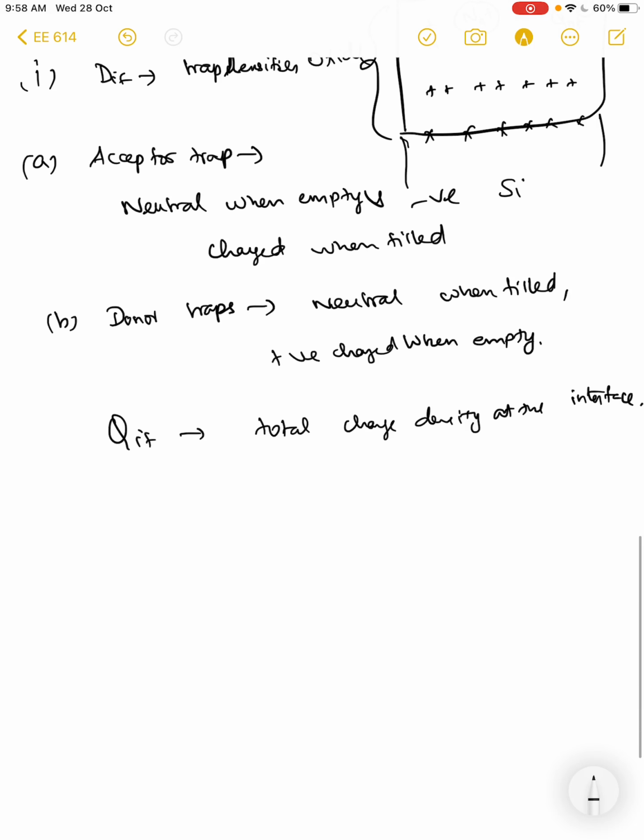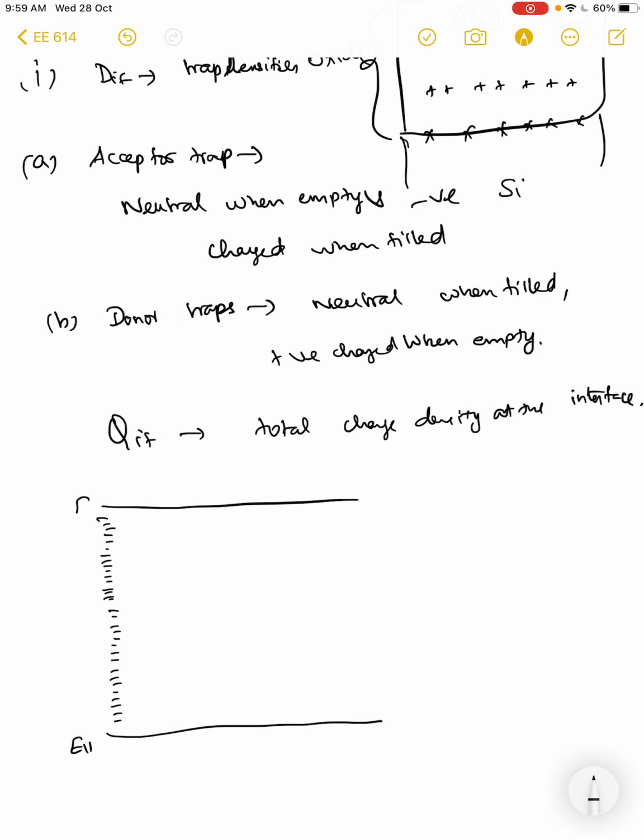Right? When the entire material is neutral, let us take all of these at the band gap, and they are evenly distributed. It's an assumption, okay? It's an assumption that all these traps are evenly distributed in energy in the band gap. What we mean is you have traps of all energies starting from the bottom of the valence band to the top of the conduction band.